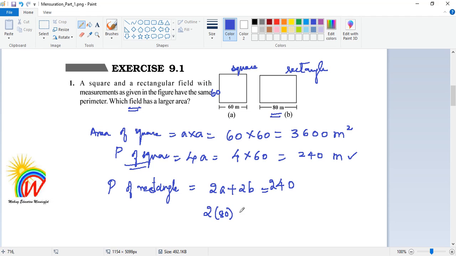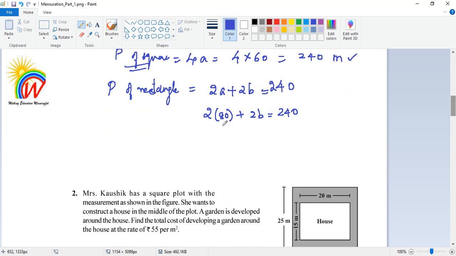B we don't know, we have to find this B. So 160 plus 2b equals 240, or 2b equals 240 minus 160, which is equal to 80. So b equals 80 by 2, which is 40 meters.